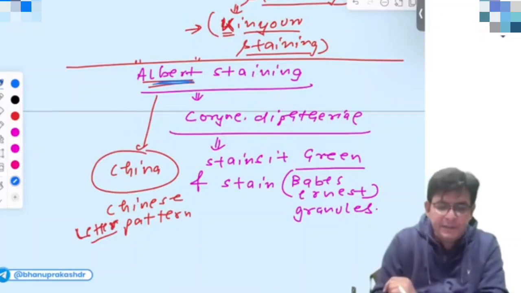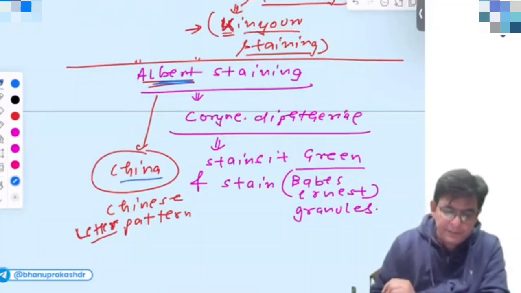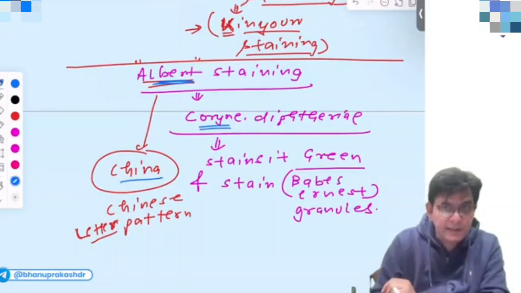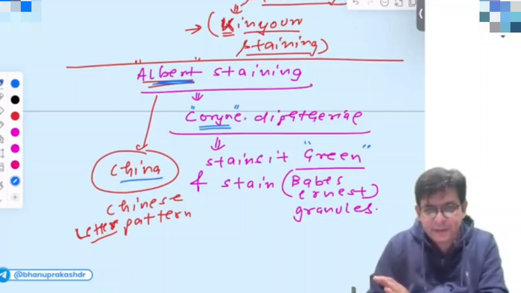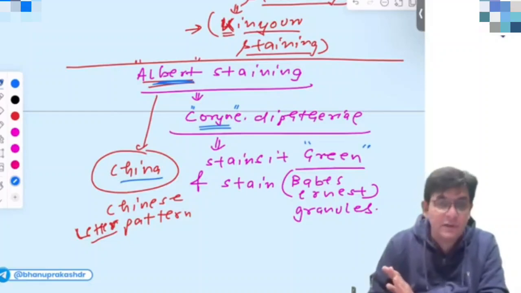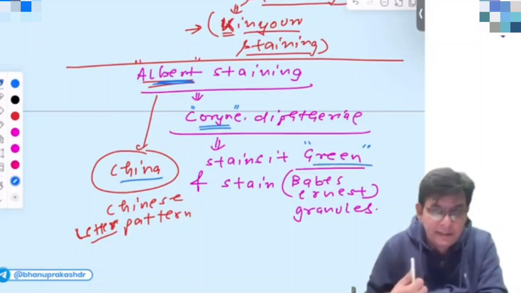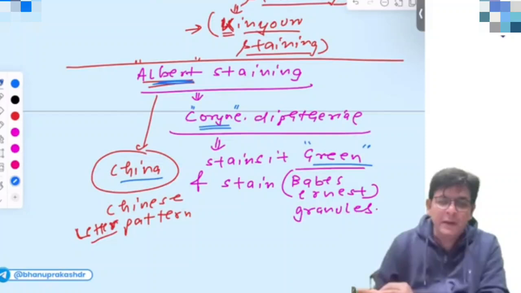So Albert is a guy who went to China, and there he ate corn by putting which color chutney? Green chutney. So he made a great effort to go to China to eat corn with green chutney.